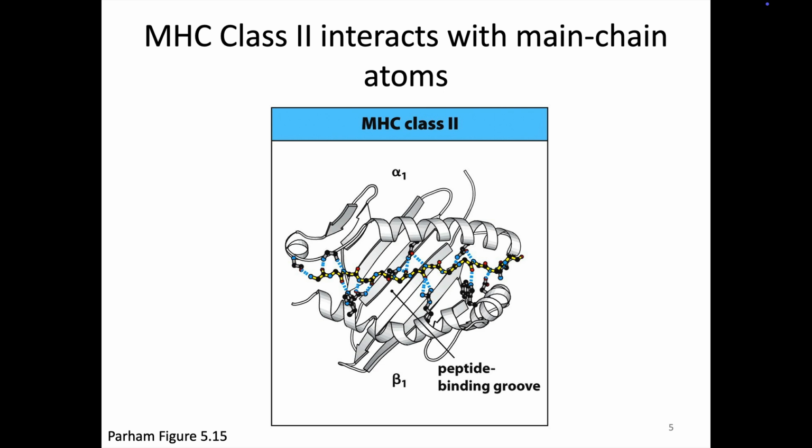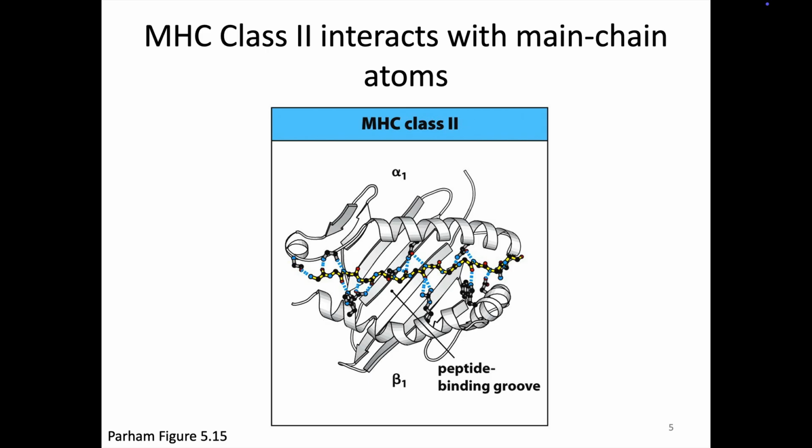In addition, remember that the MHC class 2 molecule is making its interactions with atoms of the backbone of the peptide, or the main chain atoms as I have listed here. Basically that NCC, NCC, NCC, that is the same from peptide to peptide.